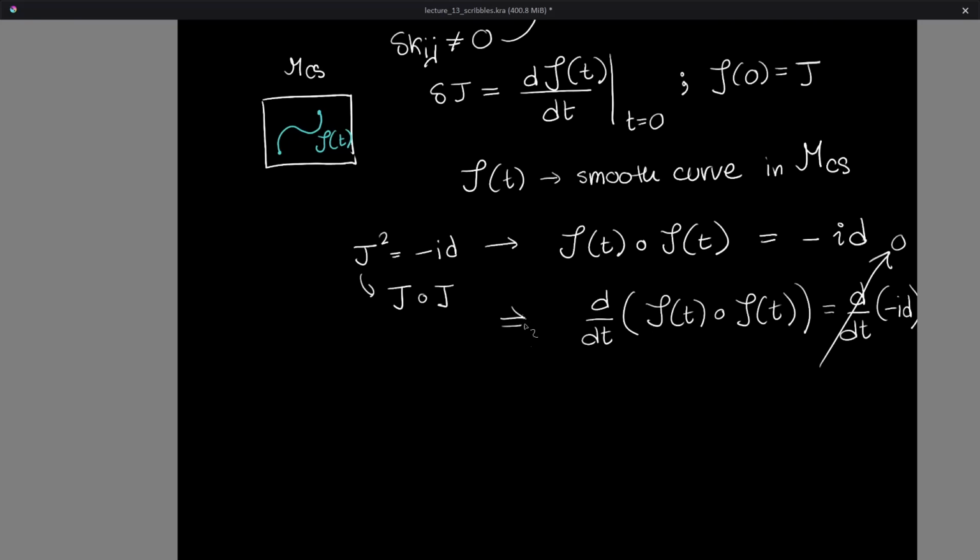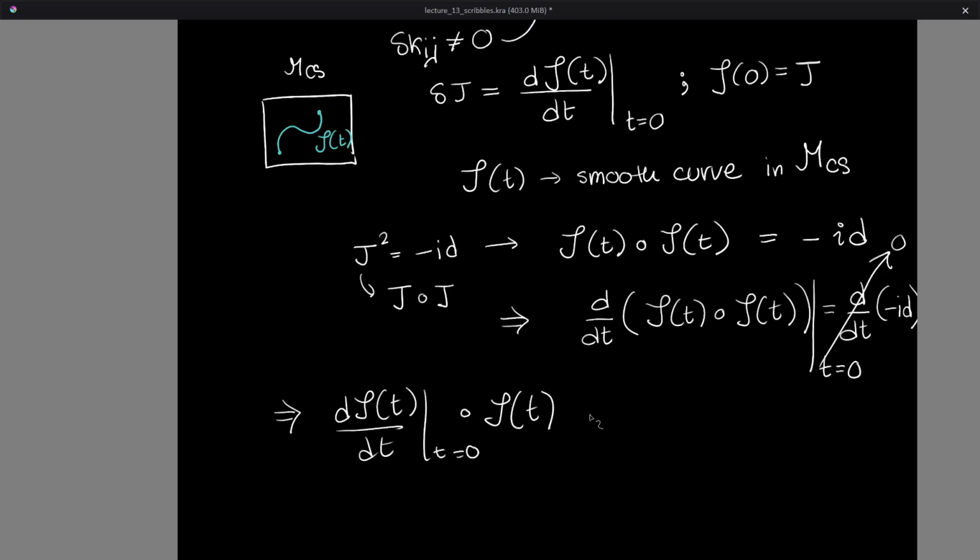What does that give us? Well, first we get the derivative of the first one, dJ of t/dt at t equals 0, evaluated at t equals 0, after curly J of t, plus curly J of t into the derivative dJ of t/dt at t equals 0.